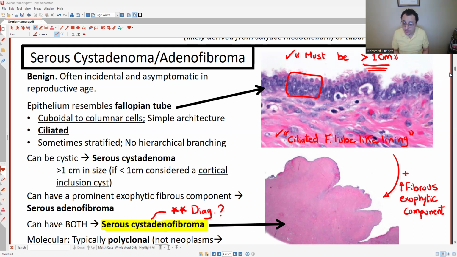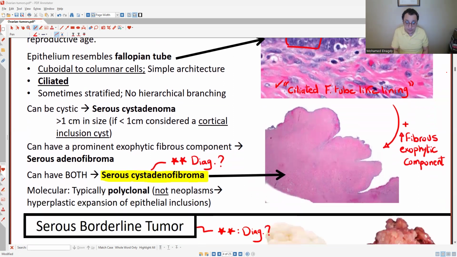So benign cortical inclusion cyst is the same as serous cystadenoma, but it's less than 1 centimeter in size. So here you have the ciliated fallopian tube-like epithelial lining, no mitosis, no ugly-looking cells. The content of the cyst is purely watery, purely serous, and the size is more than 1 centimeter in diameter.